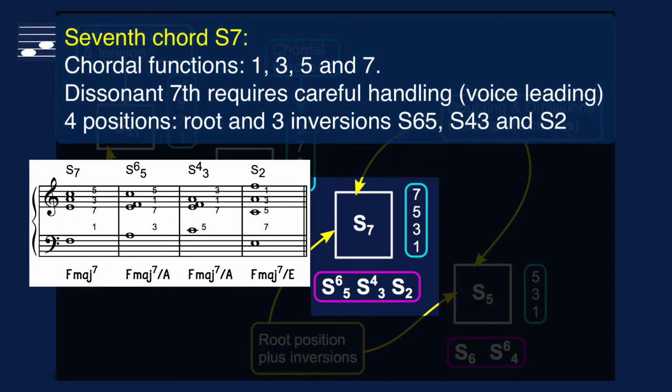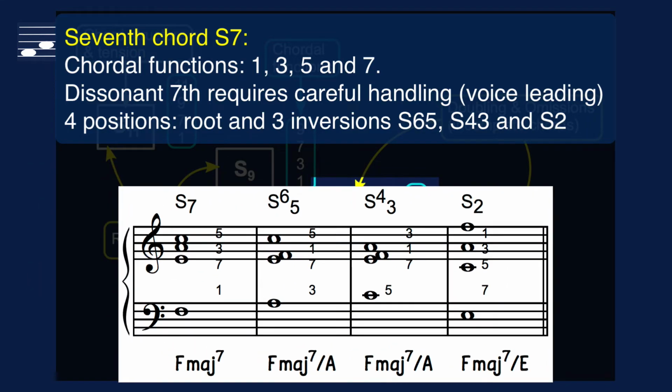In the S7 there is a single dissonant chordal function, the 7, which requires careful handling and voice leading. Here are the root position and 3 inversions of an F major 7th chord.